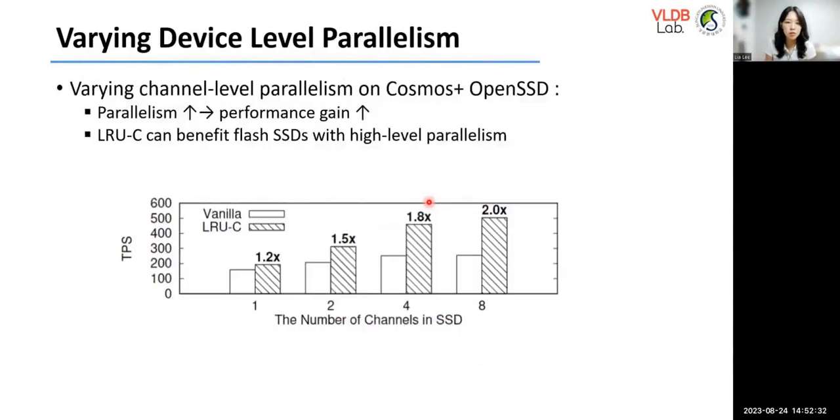And we also compared LRUC with vanilla MySQL on a simulator called Cosmos OpenSSD to see how TPS changes as the channel level increases. And as expected, LRUC works better with more internal parallelism.